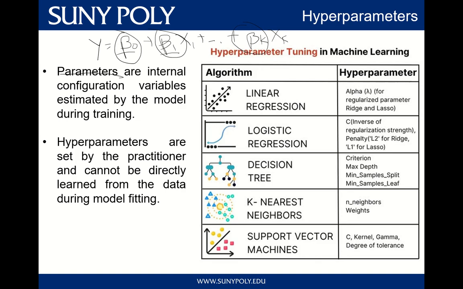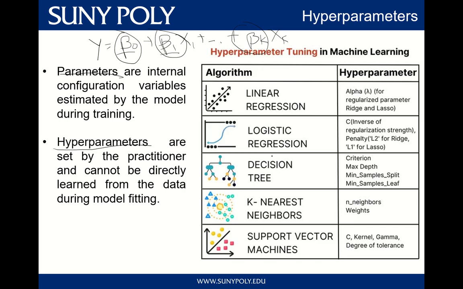Now, those are parameters. But on the other hand, we have hyperparameters. They don't learn from your data. You need to predefine those values before training your models. Actually, they are important because once you define them, they will affect the performance of the model. They will guide the training.